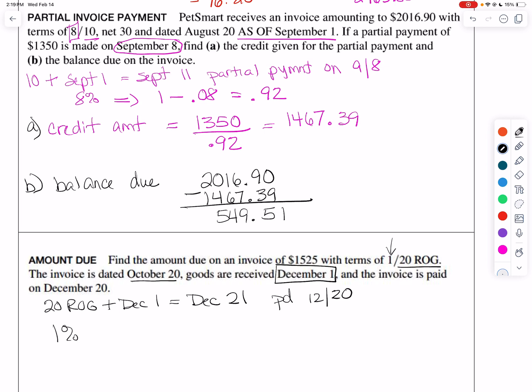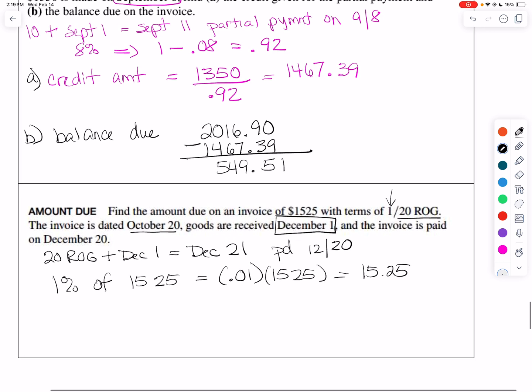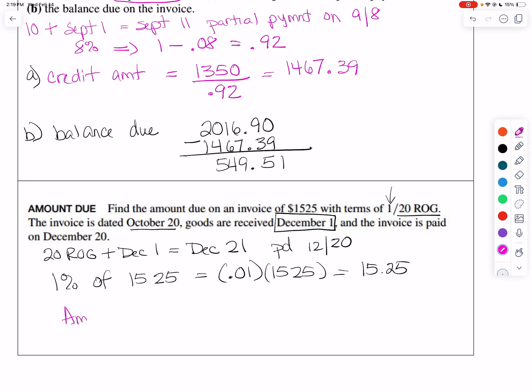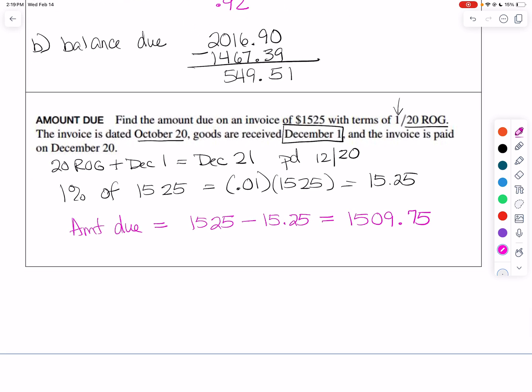So 1% of 1,525 is $15.25. So the amount due is 1,525 minus the $15.25 discount, which comes to $1,509.75. And that finishes up 7.4.